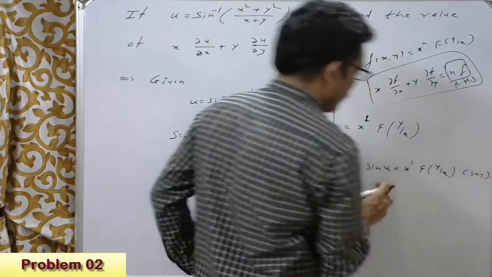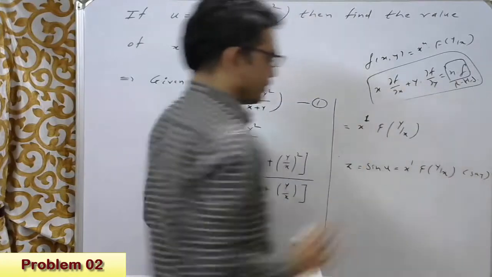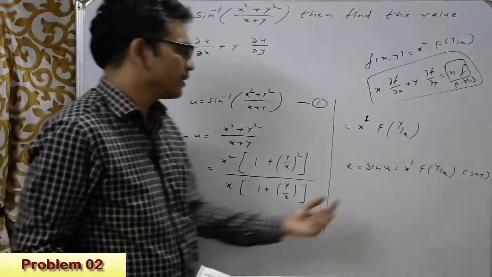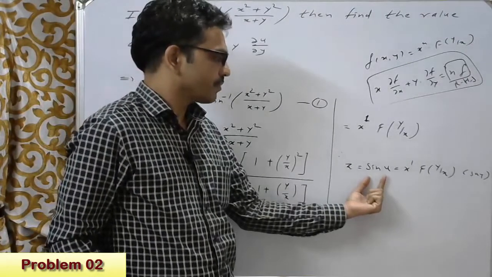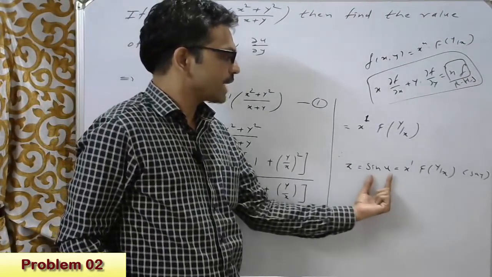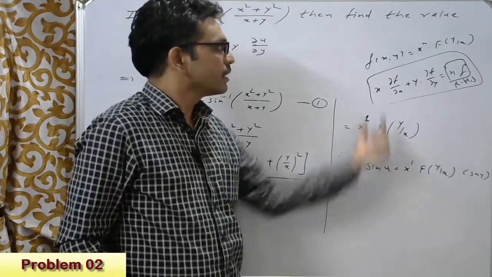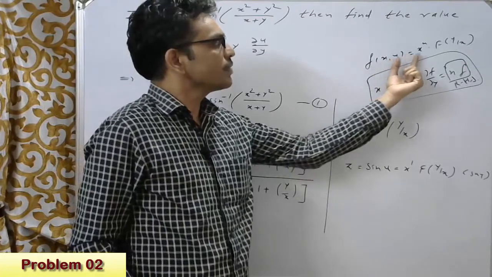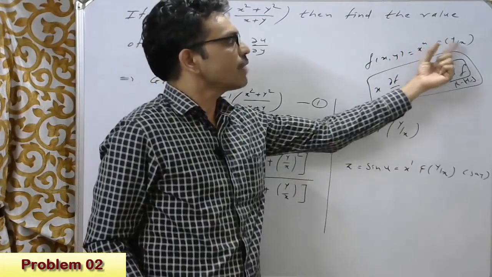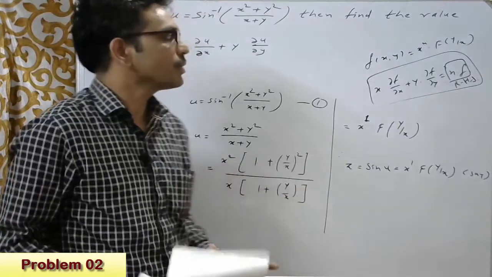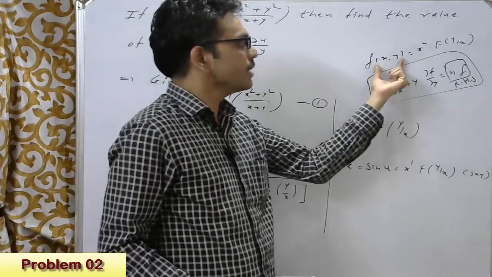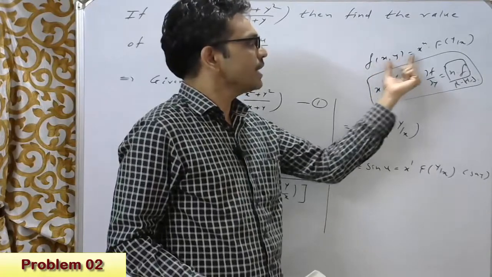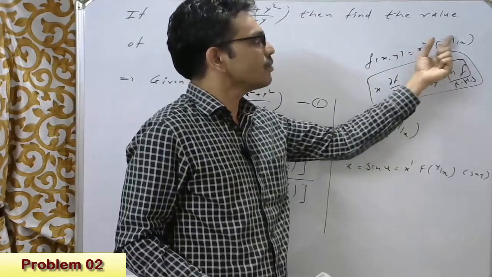Okay, sine of u is equal to z. See here, this function, z is equal to sine of u. By the definition of a homogeneous function, f is said to be a homogeneous function of degree n if f(x, y) is equal to x raised to n into a function of y by x.